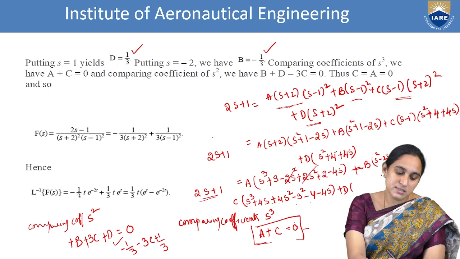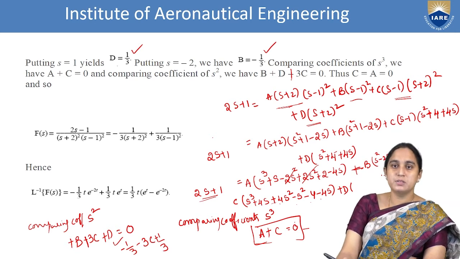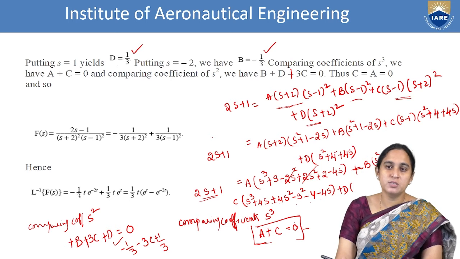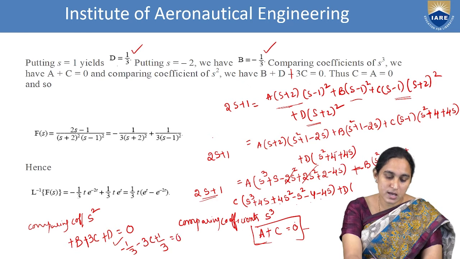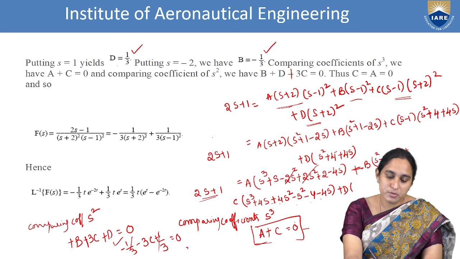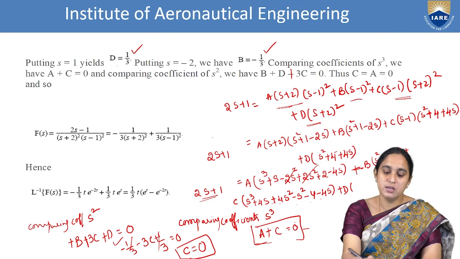The equation is B plus 3C plus D is equal to 0. From that, substitute B and D values. After substituting here, 1 by 3 minus 1 by 3 cancel. Therefore, C is equal to 0.